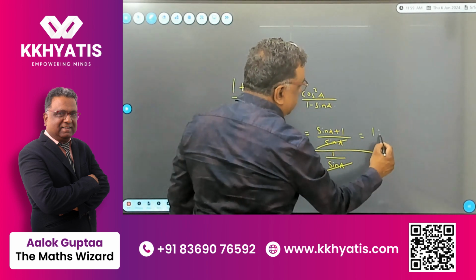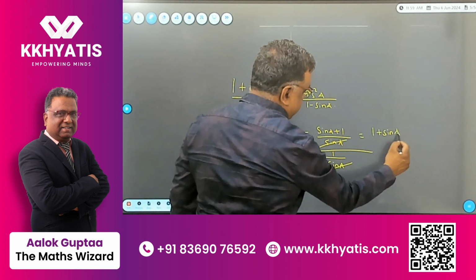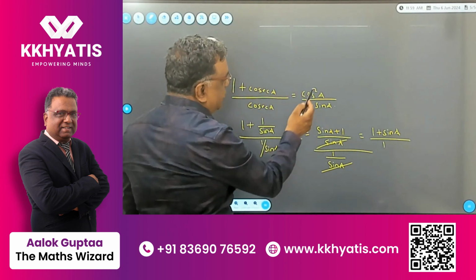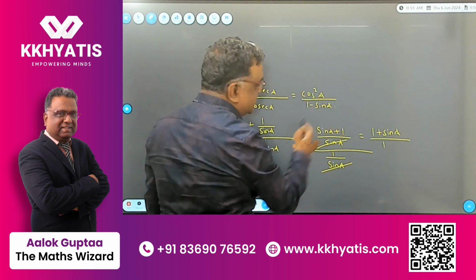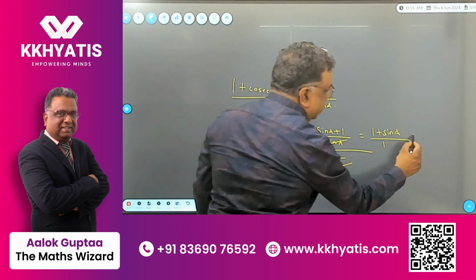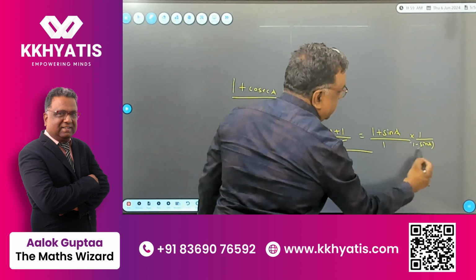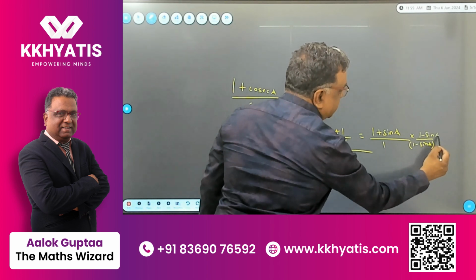So in the numerator there is 1 plus sin A, and in the denominator there is 1. Now since I need cos square A up and I need 1 minus sin A in the denominator, I will rationalize it by 1 minus sin A here, and I will put 1 minus sin A here.